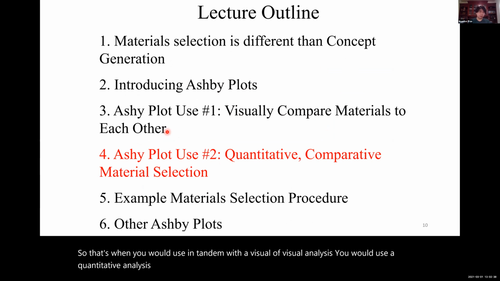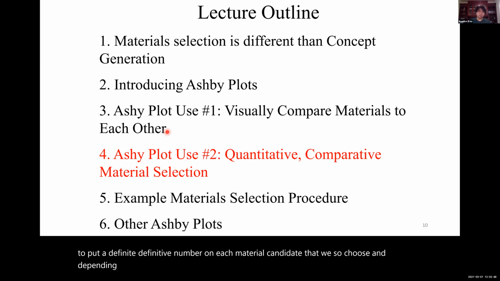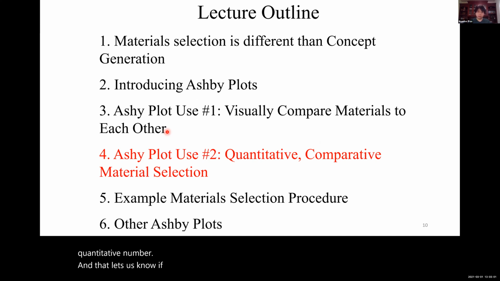What a quantitative analysis allows us to do is put a definitive number on each material candidate that we choose. And depending on our situation, that number being higher or lower than another comparable candidate could mean that that material is better, right? So basically, we compare materials by a quantitative number, and that lets us know if it's better in comparison or not.